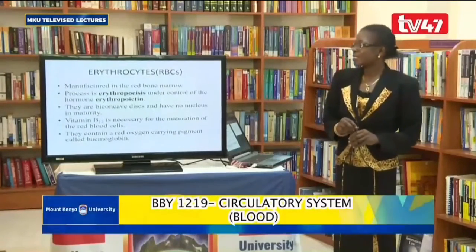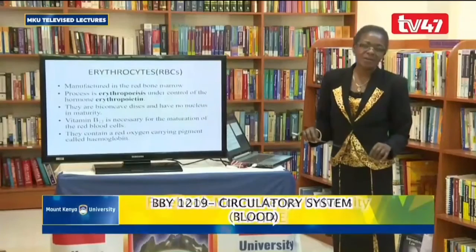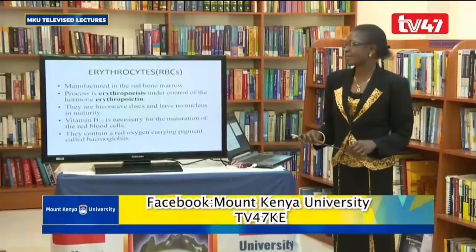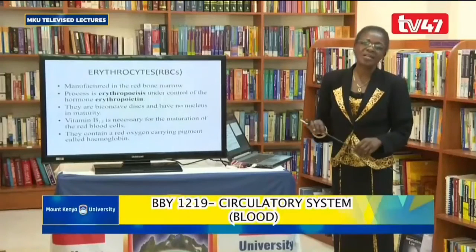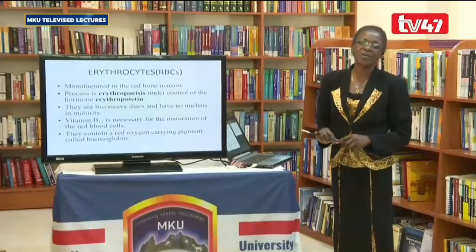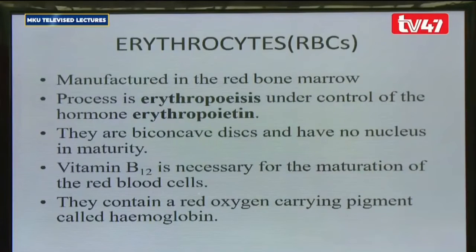Now, to start with the erythrocytes, or the red blood cells, one thing to note is that all blood cells are generally manufactured or produced in the red bone marrow. So for the red blood cells, like every other blood cell, they are manufactured in the red bone marrow.